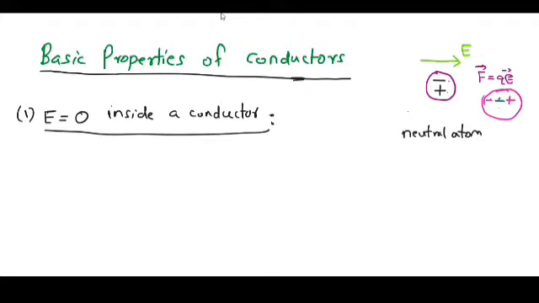These induced charges create an electric field that starts from the positive charge and ends on the negative charge. This electric field is given by E prime or E dash, the induced electric field.